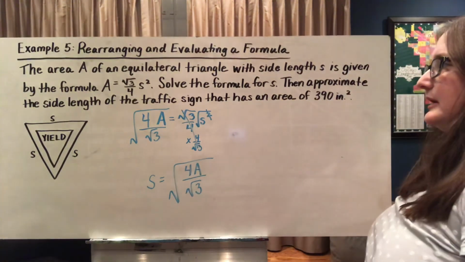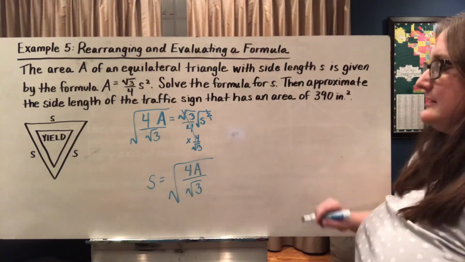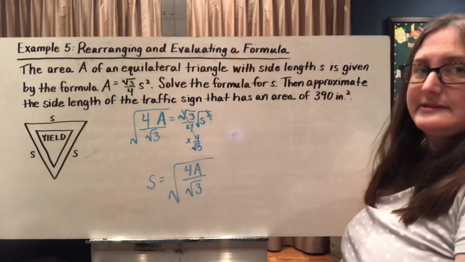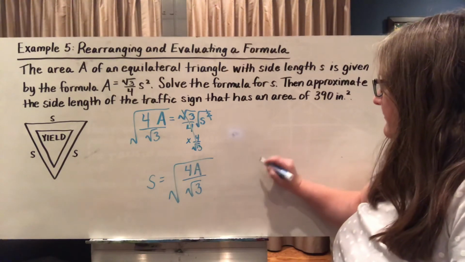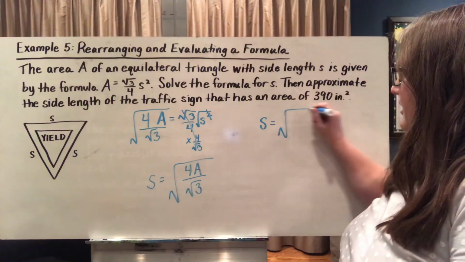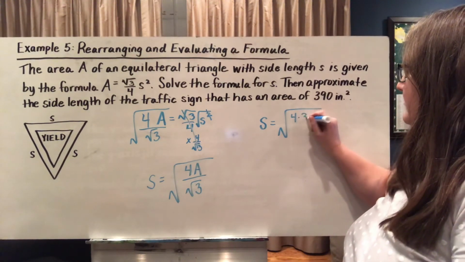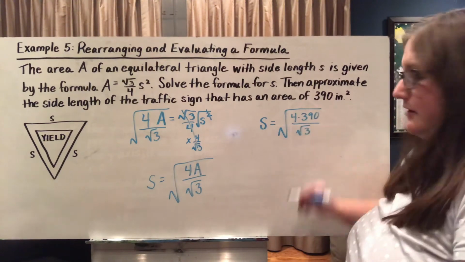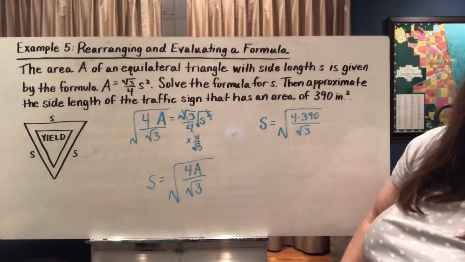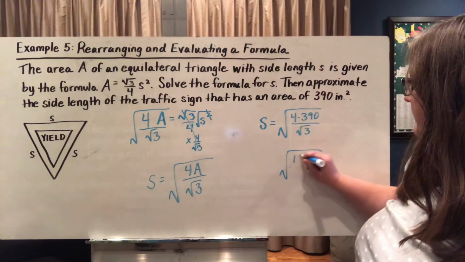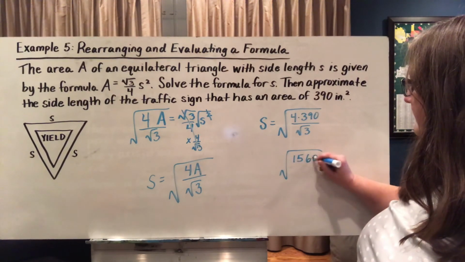So now we're going to plug in an area of 390 inches squared. So if the sign has this area, what's the side length? So we're going to plug in 390 for our area. So 4 times 390 over the square root of 3. So 4 times 390 is going to give us a total of 1,560.